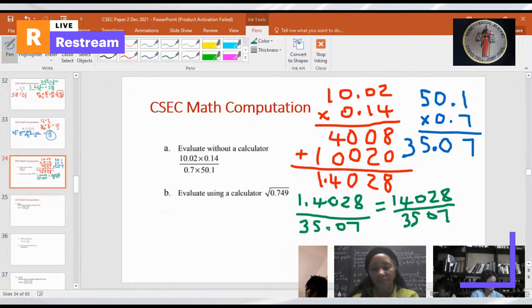And whatever you do to clear it in the divisor, you do the same thing in the dividend. So I would move two places to clear the decimal point in the divisor, and I would move two places up here too. So I would still have a decimal point up here. That's how I know it. This should be 140.28.